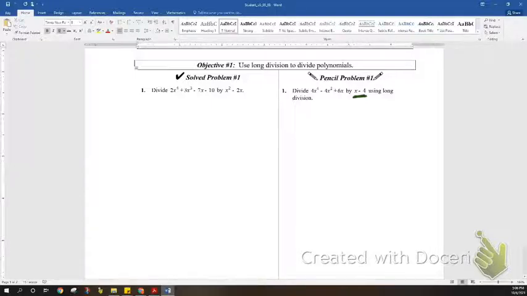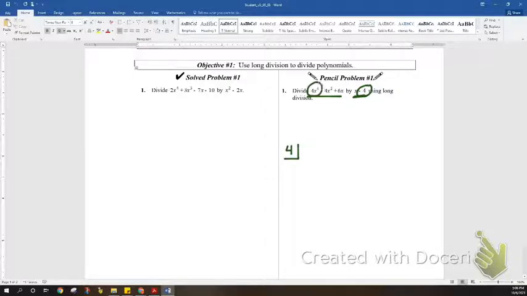So if we're going to do this, what we do is whatever this number is, we're going to change its sign and put it in this little box here, okay? And then we're going to write out the coefficients to everything that we're dividing into. And remember, same thing, they have to be in descending order of the exponent, so it has to be standard form, and anything that's missing we put a 0 for. So we're only going to use the coefficients.